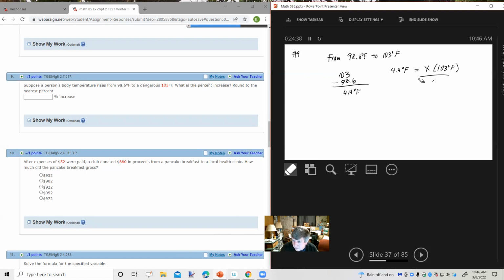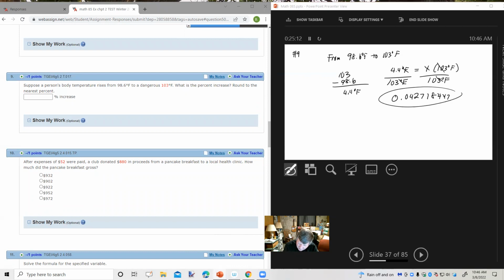And then we got to come back here. Okay, so 103 degrees Fahrenheit, degrees Fahrenheit crosses out. 4.4 divided by 103 equals 0.042718447. It says round to the nearest percent.